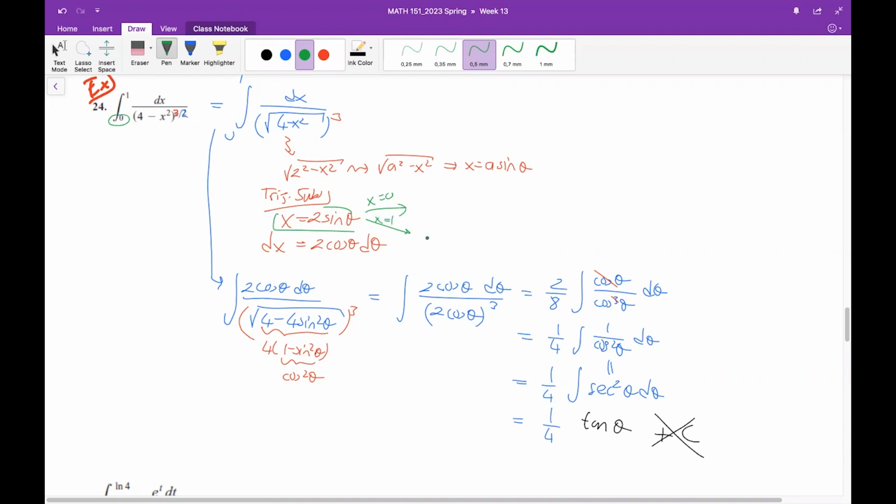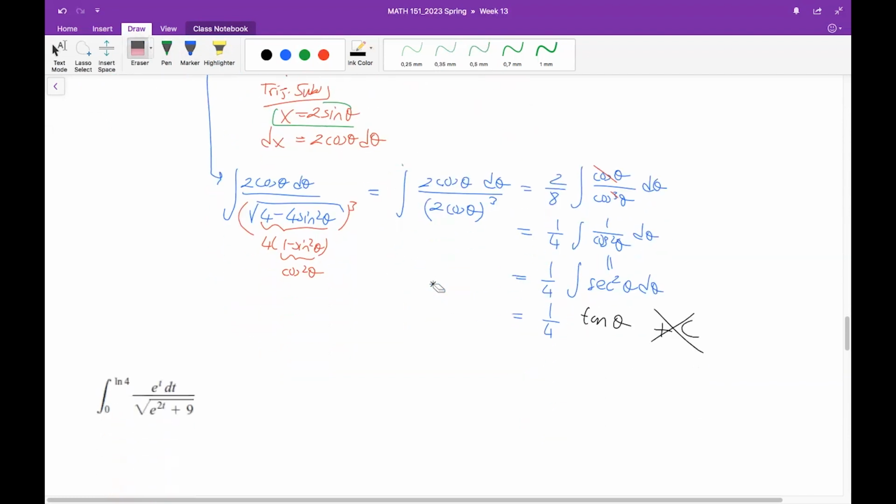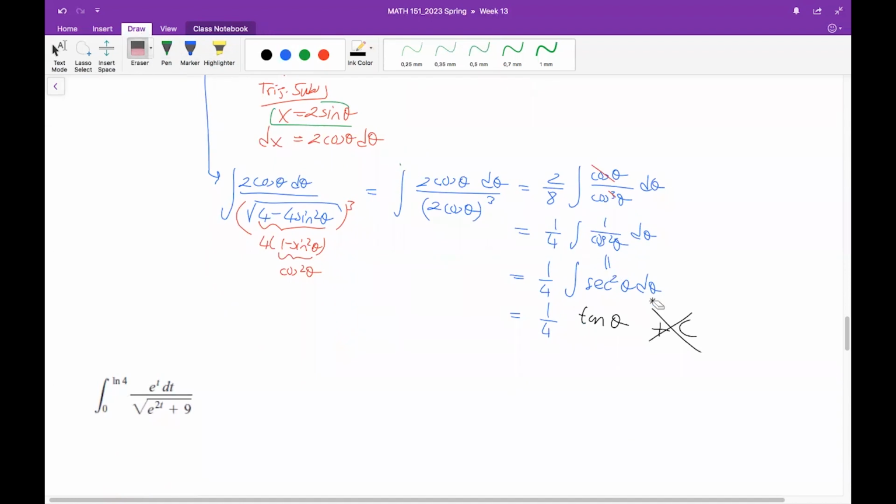Or if x is 1, what is theta? You can do it like that and you can find the new boundaries here. Or if you don't want to do it at this step, you can go all the way to the end and, after turning back to x, you can use the boundaries for x. Okay, let's do it like that. Let's go all the way down and then use the boundaries for x.